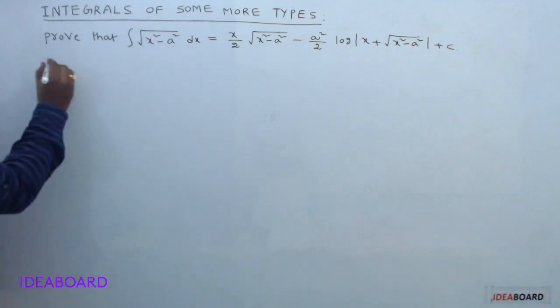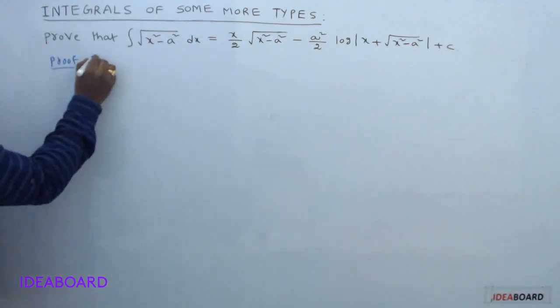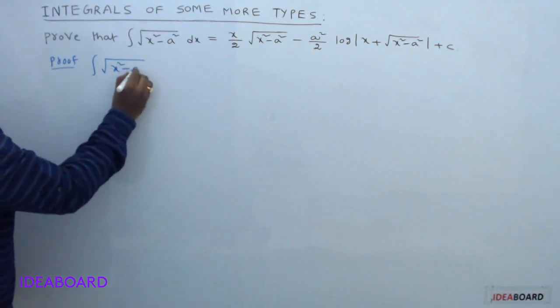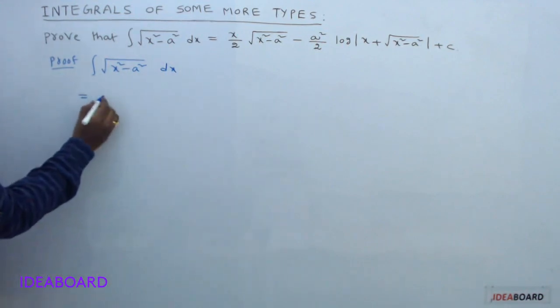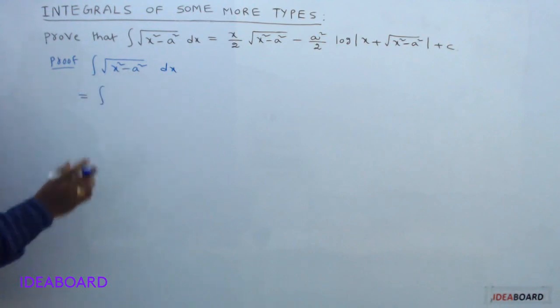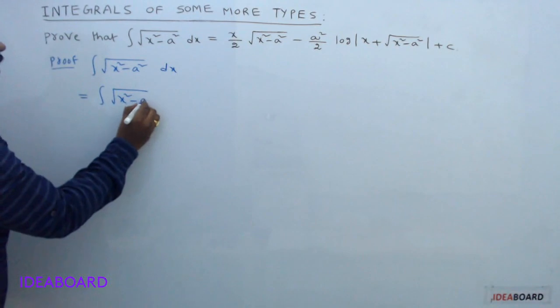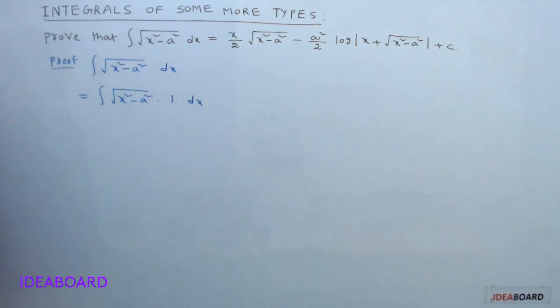First write down the LHS part. Here the LHS part is the integral of square root of x square minus a square dx. Now this is equal to the integral of root of x square minus a square, which can also be written as square root of x square minus a square into 1 into dx.